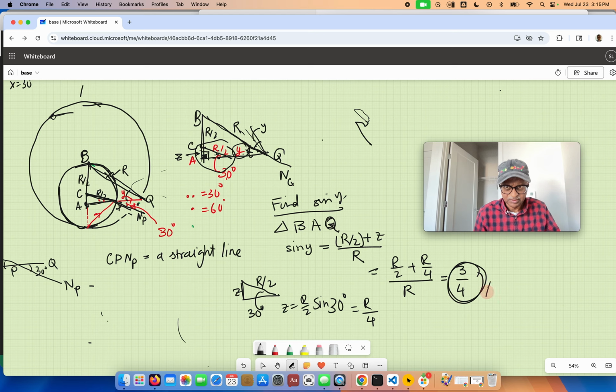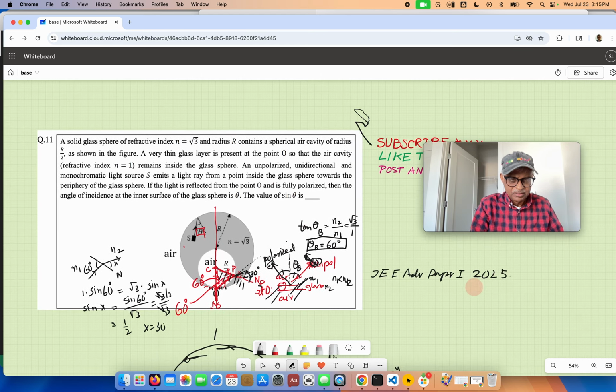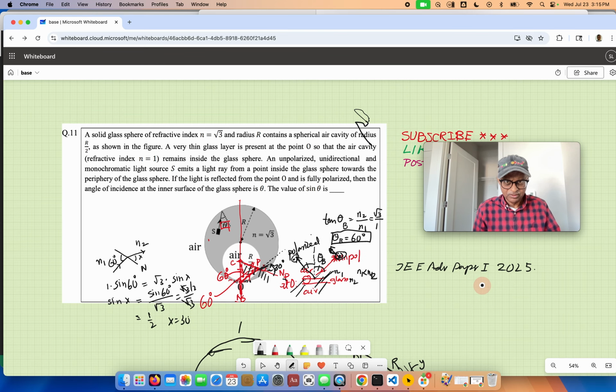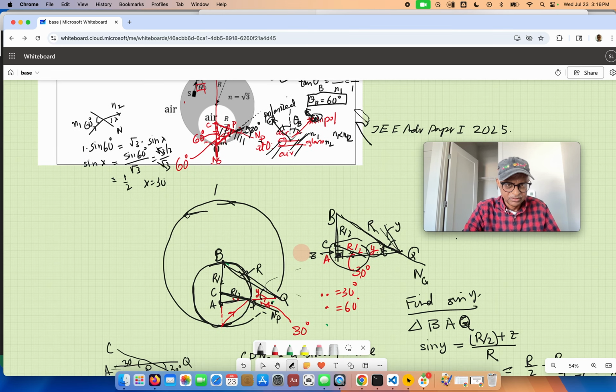So this is the answer. So going back over there, they want the answer sine of theta. That's the one I called Y, and this is 3 over 4. Okay, so there may be other answers, but this is the answer we arrived at by actually following the ray. Right. So that's it. The next problem. Bye.